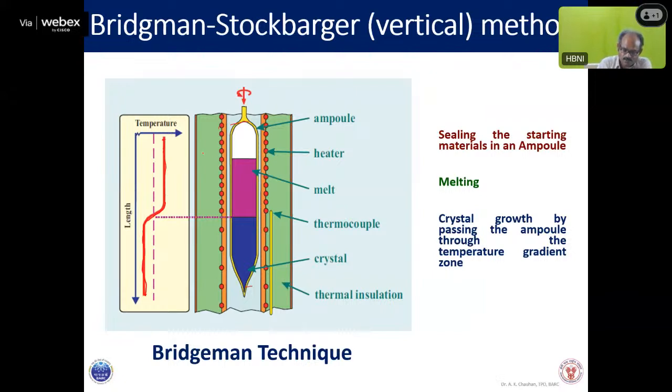Above this point the temperature is constant, below this point the temperature is also constant, and only in this small zone does the temperature move from higher to below the melting point. Then this entire crucible starts from this point and is slowly brought down to this point.